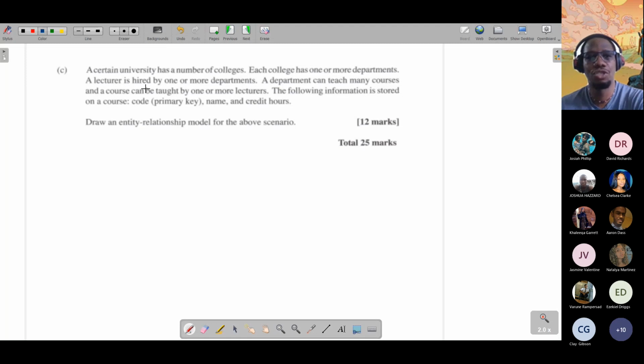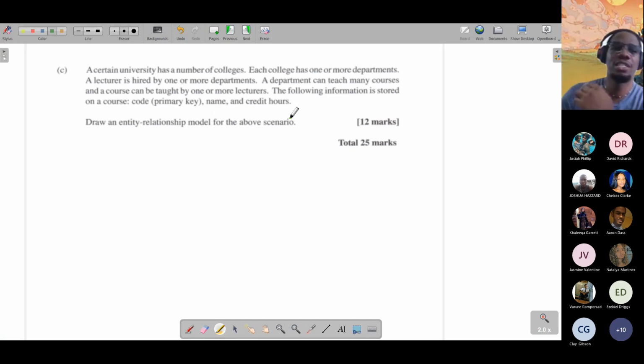So a certain university has a number of colleges. Now the first thing we want to do is go through and identify entities. Each college has one or more departments. A lecturer is hired by one or more departments. A department can teach many courses, and a course can be taught by one or more lecturers.